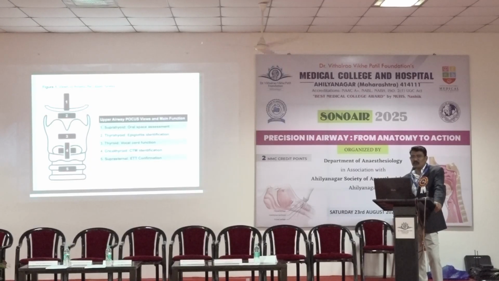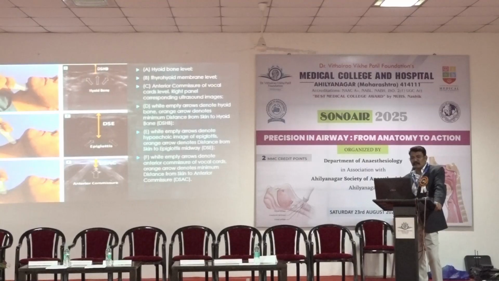And lastly, number 5 shows placement of the probe horizontally below the cricoid cartilage, that is, in between the tracheal rings. This is to identify the space while doing a percutaneous tracheostomy. Now, one by one we will go towards learning how to place the probe.